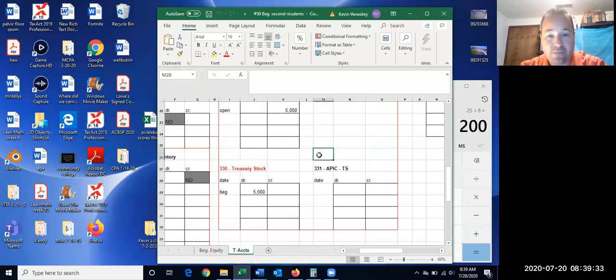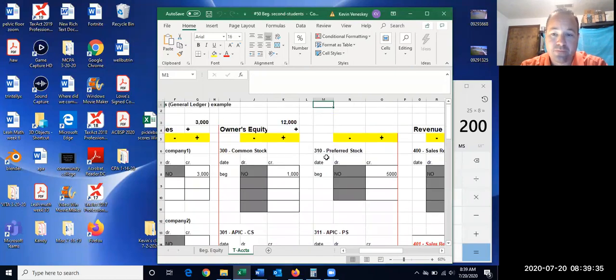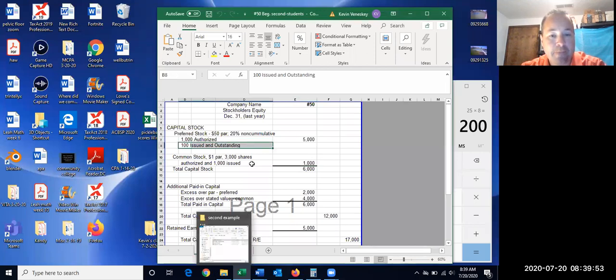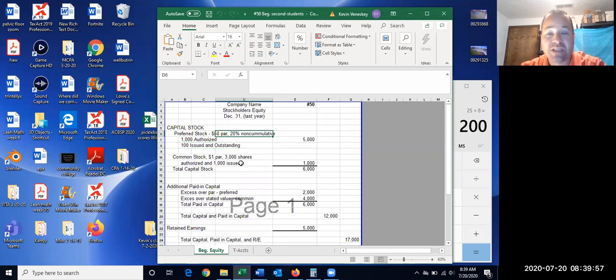The preferred T account shows preferred 5,000, common 1,000, and those are the values. We're also going to need to know the par value, how many shares are outstanding, and that the preferred pays dividends of 20% of the par.